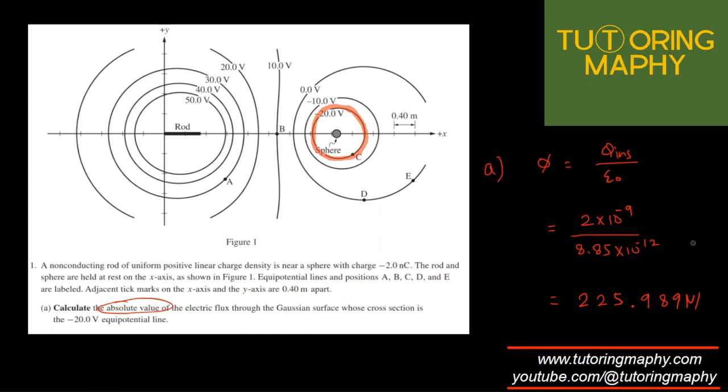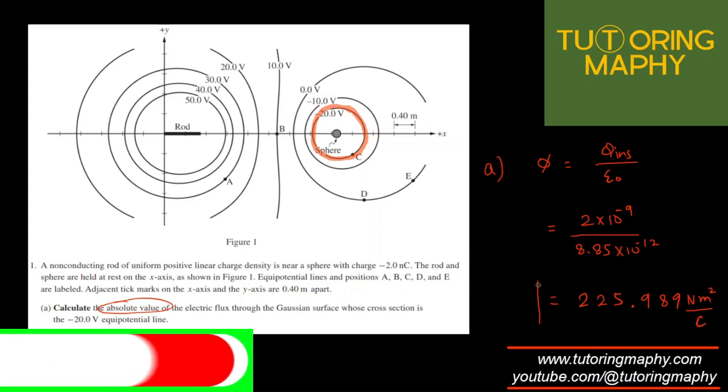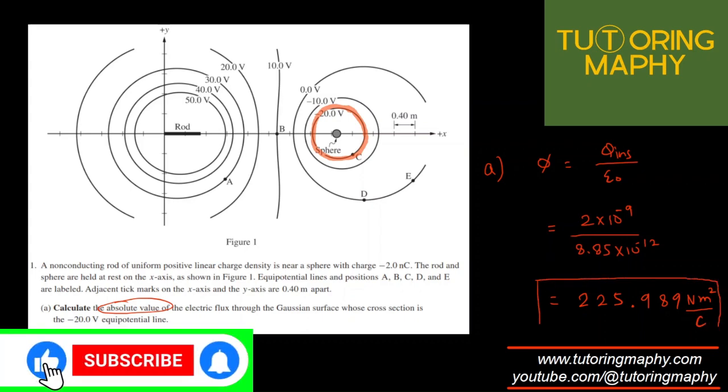This is flux, right? Flux is Q inside over epsilon naught, so the unit will be newton meter squared per coulomb. So this is our answer to the first question.